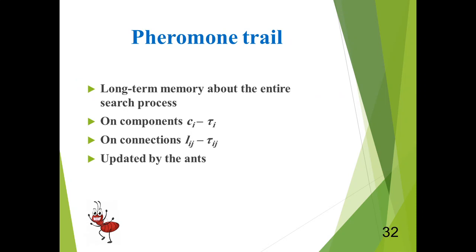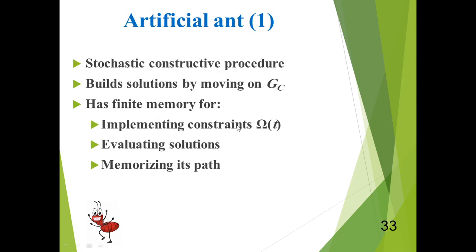And we have the pheromone trail. Long-term memory about the entire search process on components Ci, on connection Lij, and Tij, updated by the ants.